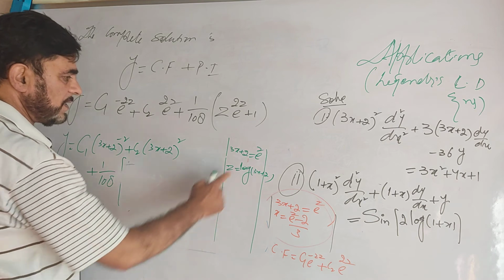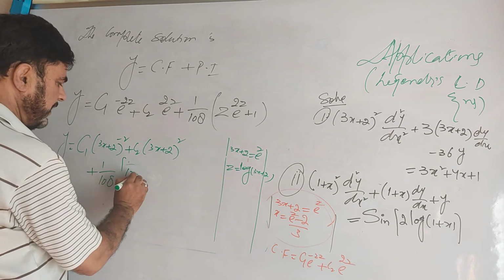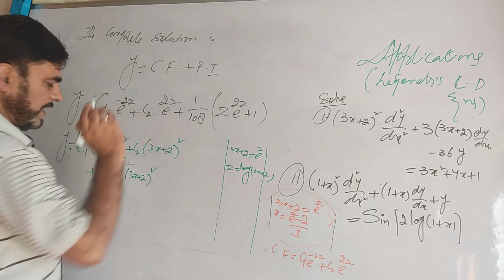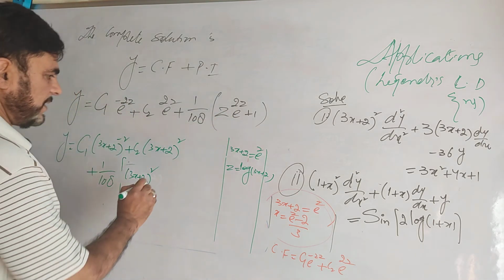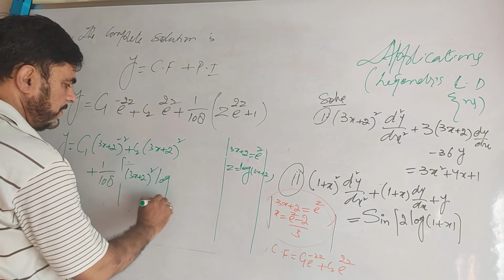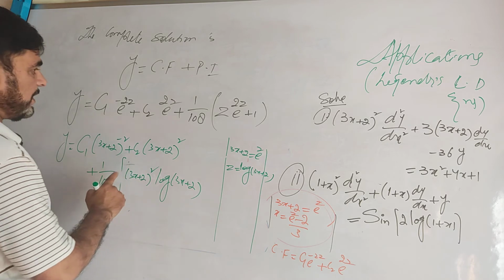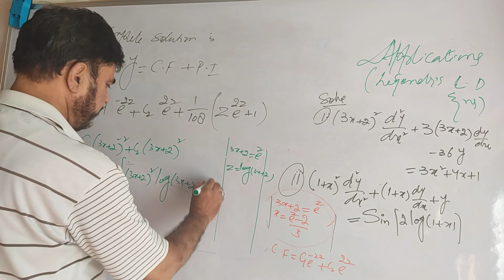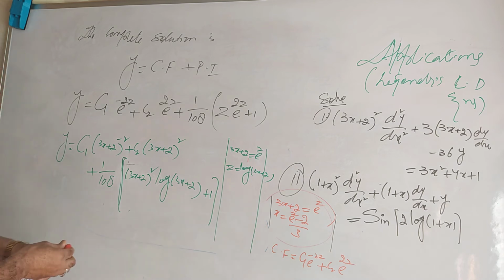We are multiplying with log. E raised power 2z is 3x plus 2 square. Then z will be log of 3x plus 2. Then you have here plus 1. This, my dear, is the complete solution of this problem.